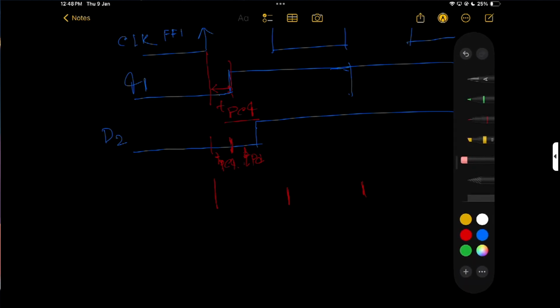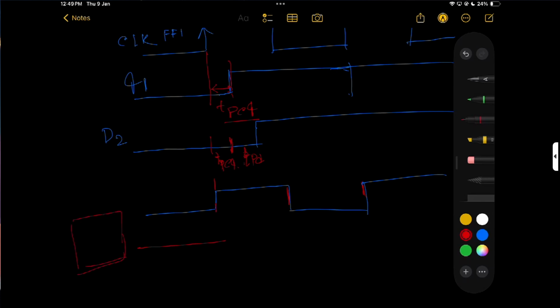My clock comes to here, but the problem is that there is some delay, because suppose my flip flop is at the middle position, and this is the buffer.